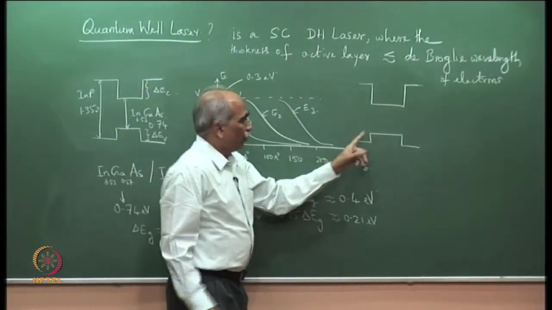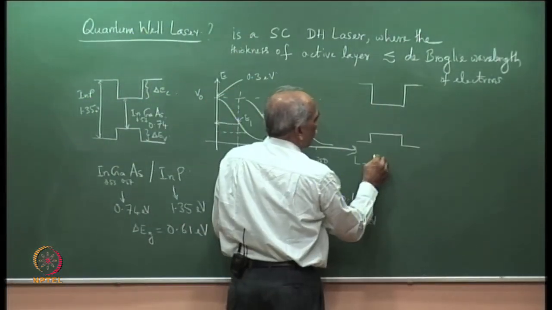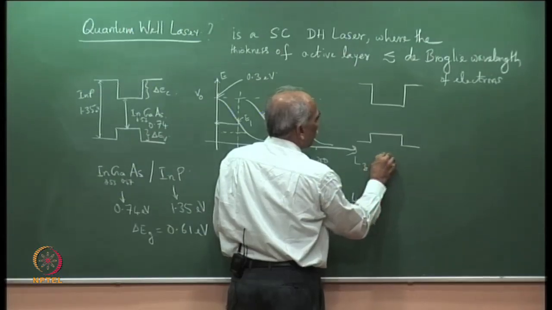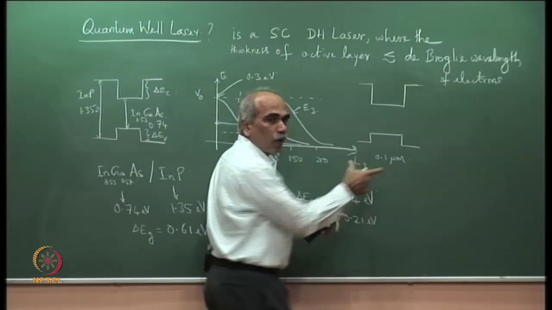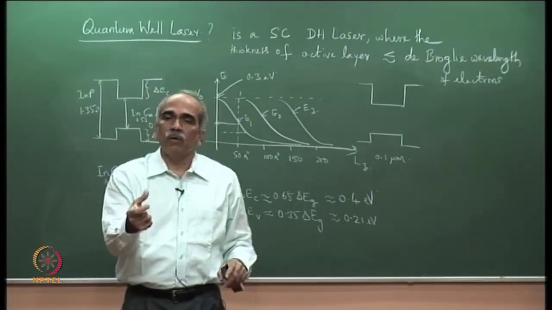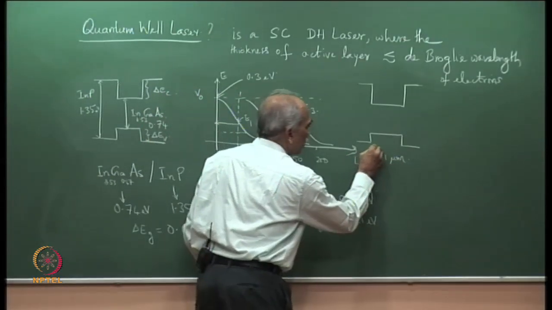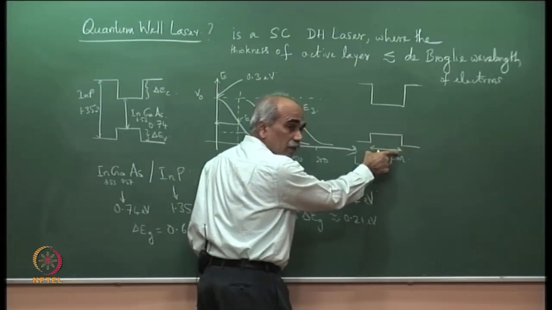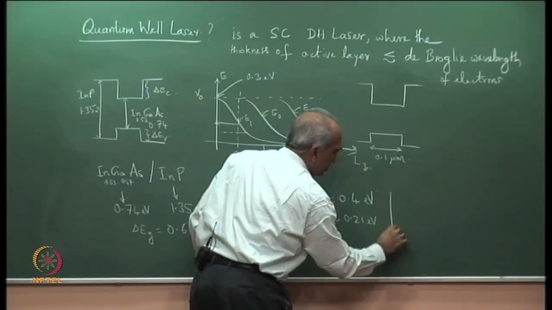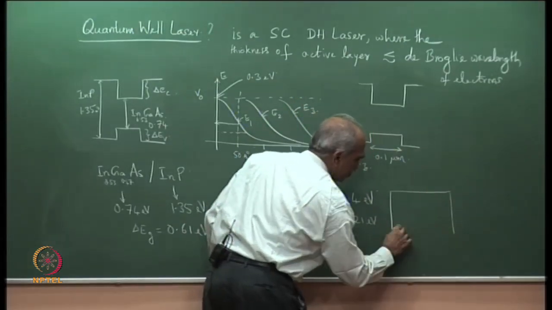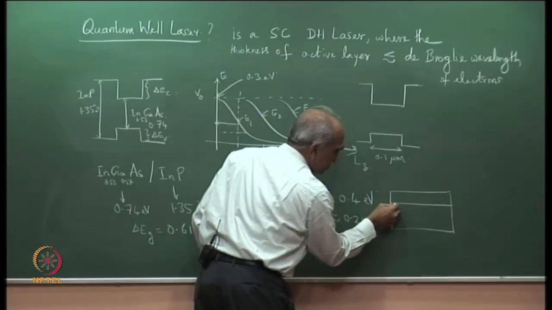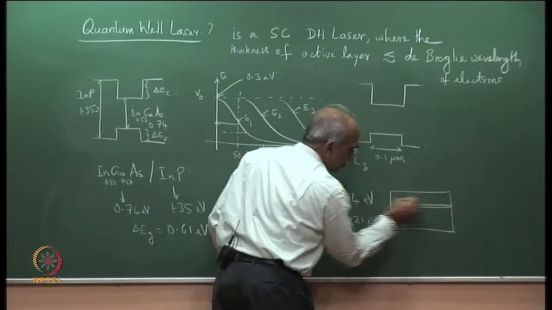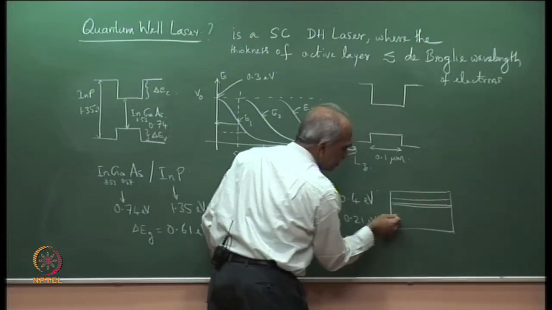Now, when the thickness is of the order of, let us say, 0.1 micrometer, that is a normal double heterostructure. This is the width of the active region. If you see the layer structures like this, then the double heterostructure is here. This is the active region, followed by a cladding region.